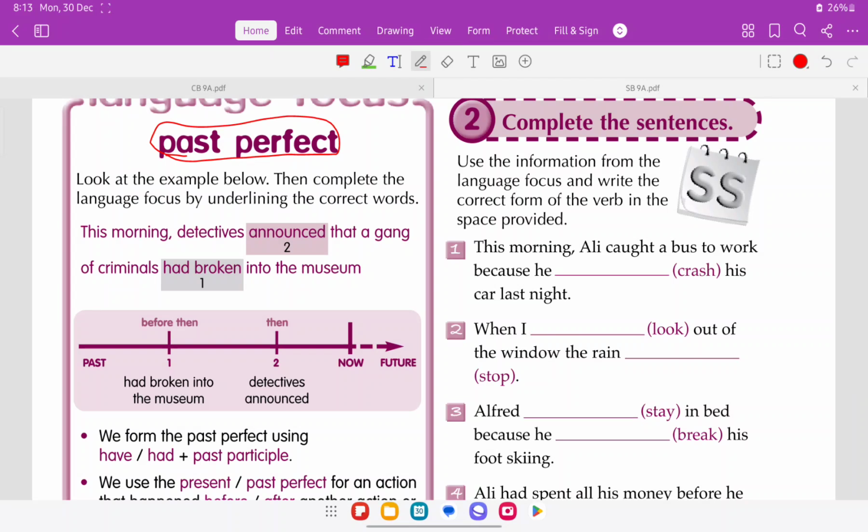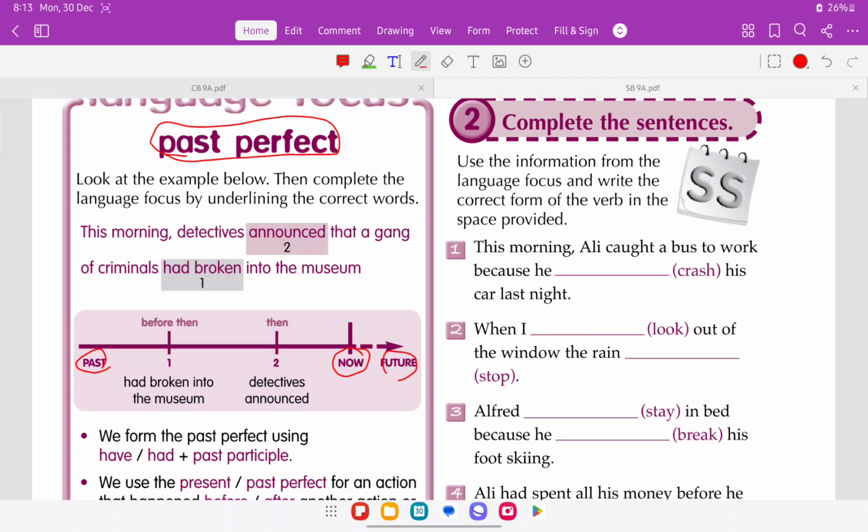First of all, we have the timeline. We have the past here, we have the present time here, and after that is going to be the future. Now, the past perfect means that there are two actions that happened in the past.